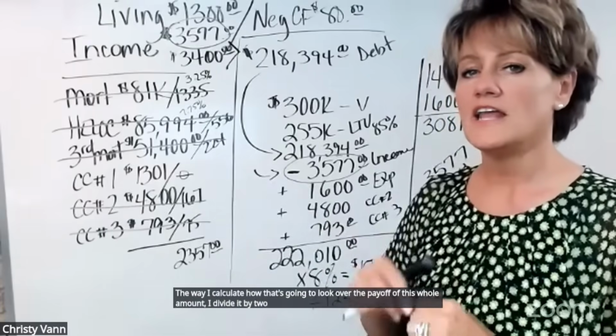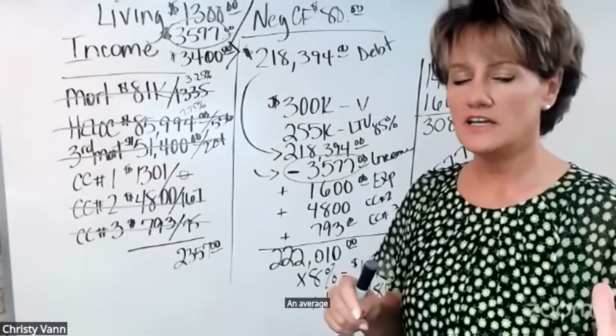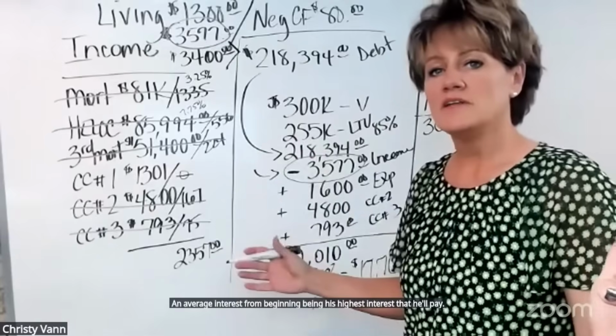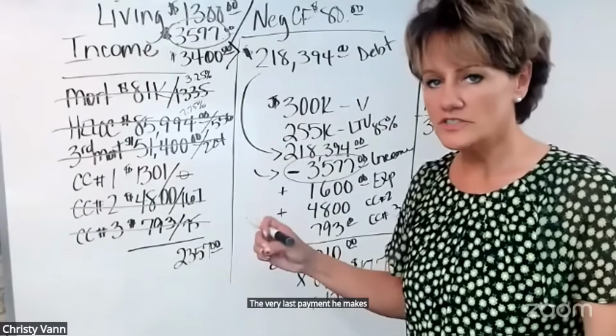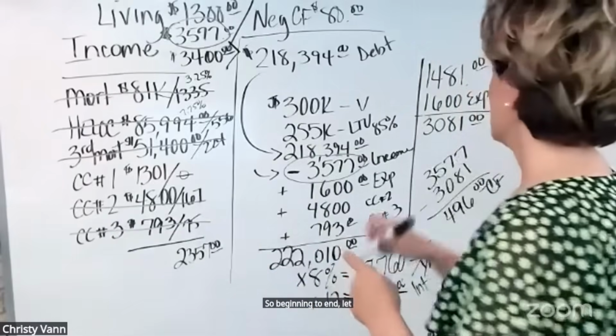That way we're getting an average interest from beginning being his highest interest that he'll pay. The very last payment he makes will have 0 interest, right? So beginning to end, let's see what the average interest is going to look like.